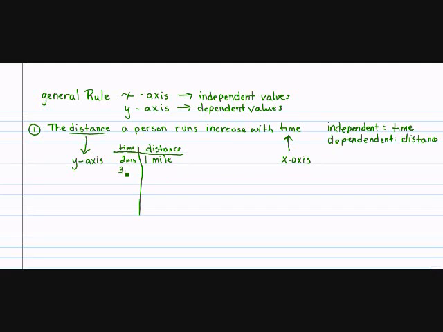If I run 3 minutes, I'm going to run 1.5 miles. If I run 4 minutes, I'll run 2 miles. So when the time changes, the distance will change.